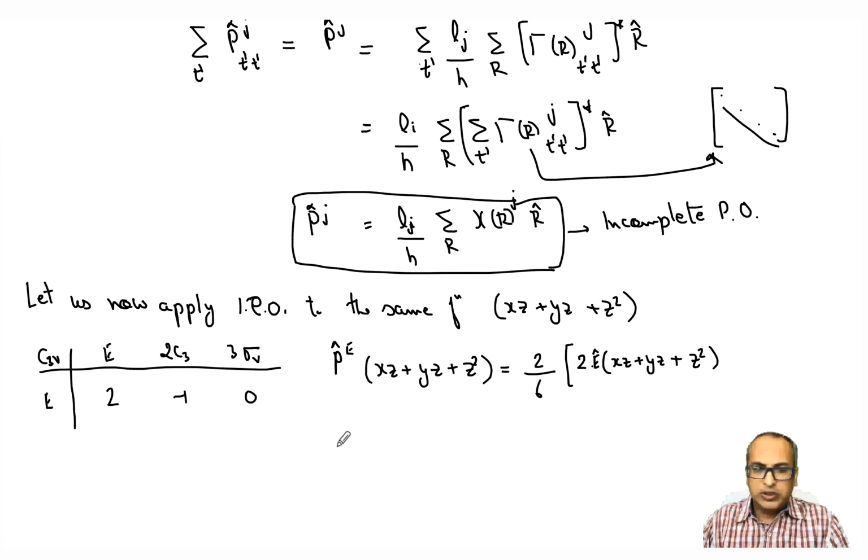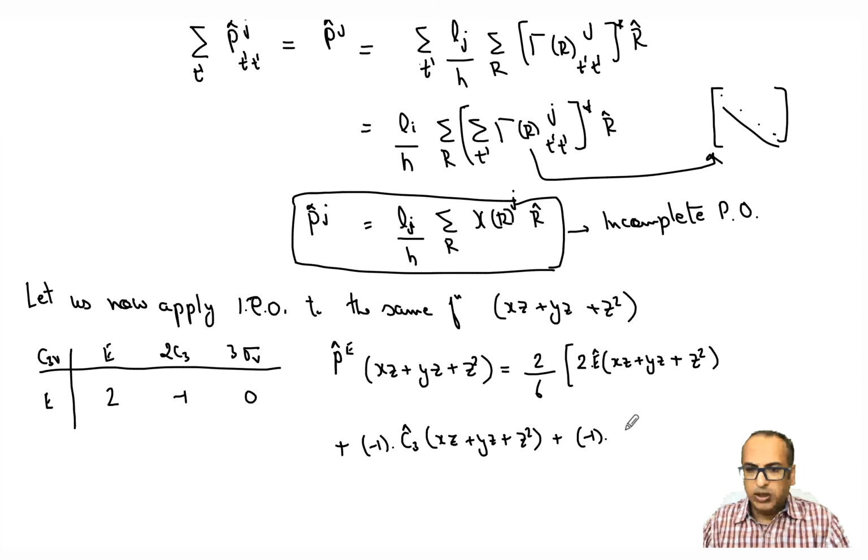Let's do this one complete calculation. So we have -1, which is the character under C3, and the effect of operation C3 onto xz plus yz plus z square. Again -1, which is now the character under C3 square. So we have the C3 square operator onto xz plus yz plus z square.